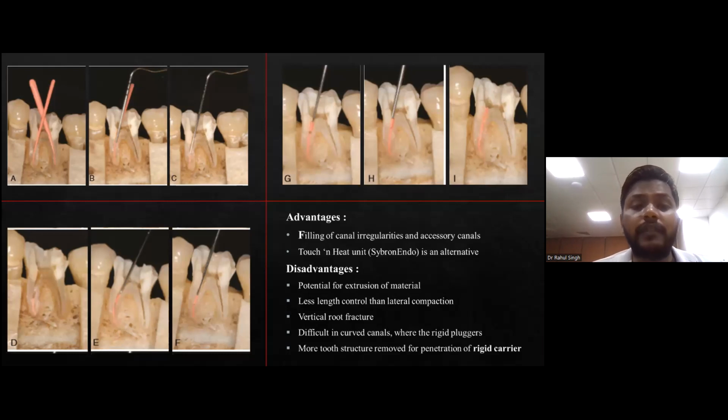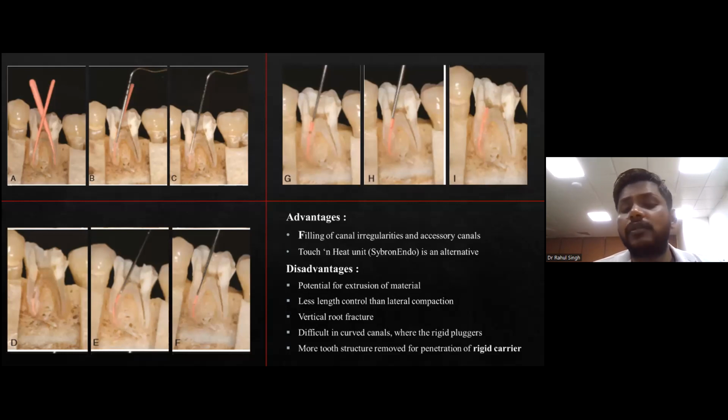The disadvantages of this warm vertical compaction are the potential for extrusion of the material and less length control, because if your apical size of the preparation is large, and you put brute force on the apical GP and it extrudes, there is very little length control.